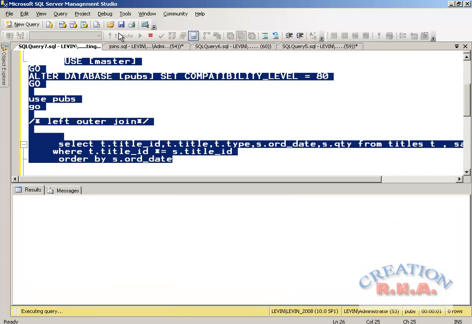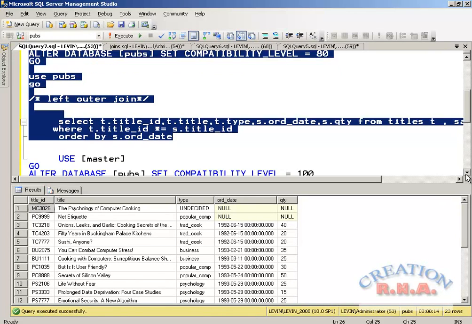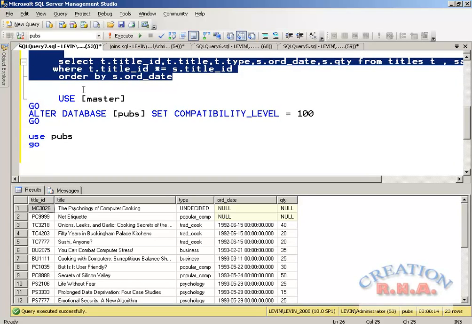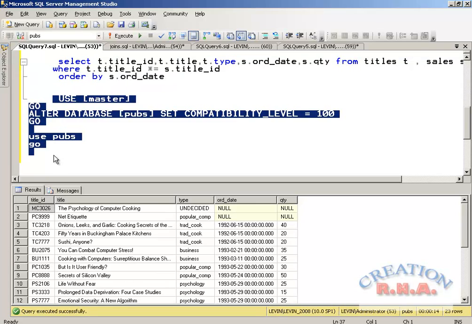It will give you the same result, no difference at all, only the way it is written, a few words up and down. Here we are, it has the same result after all. Again we have to change the compatibility level back to 100, that is SQL Server 2008, and 90 stands for 2005.